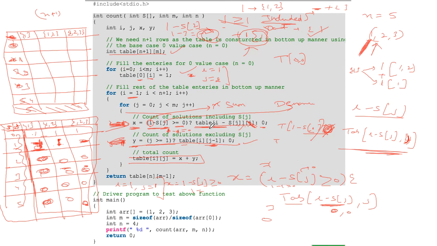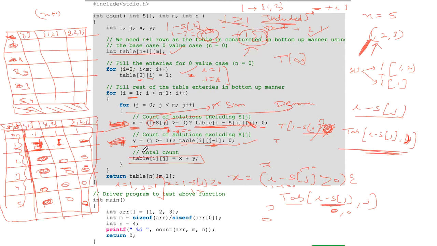Means it is less than 0. So that means it should return 0, which is correct as well. If I include 3 in creating 1, it should return me 0. So x is 0.